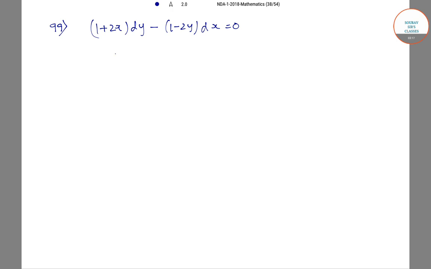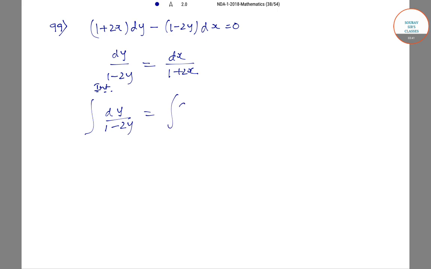Now if you further solve it, it will be dy by (1 minus 2y) equals dx by (1 plus 2x). Now by integrating both sides, we'll get the integral of dy by (1 minus 2y) equals the integral of dx by (1 plus 2x).